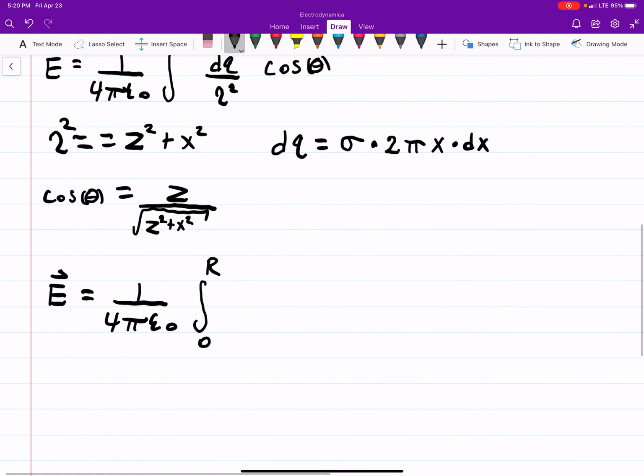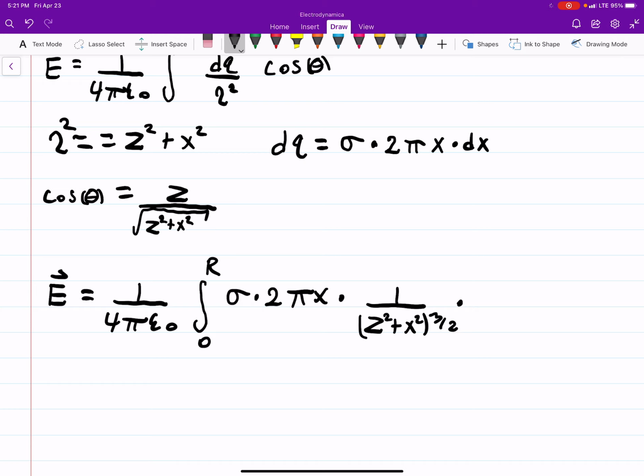That's why our bounds are what they are. Sigma times 2 pi x times 1 over, combining these, z squared plus x squared to the 3 halves, times z times dx.